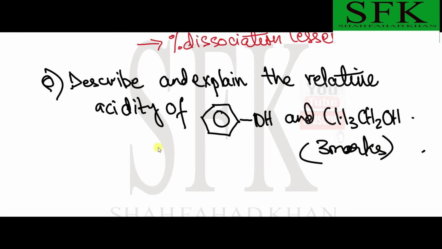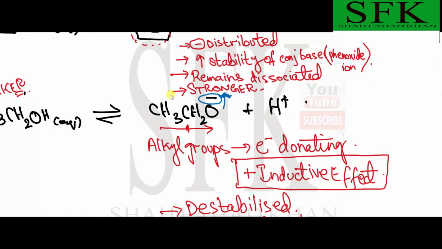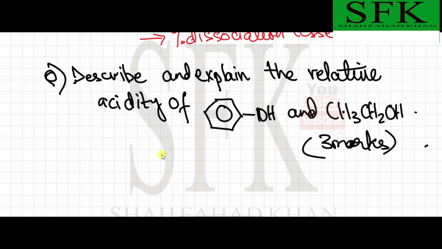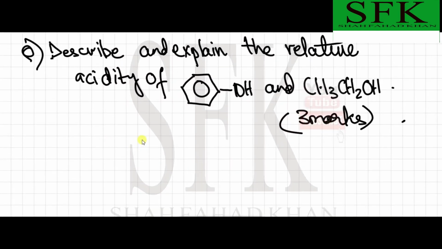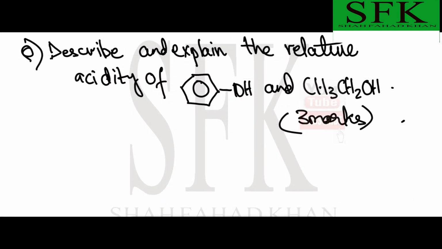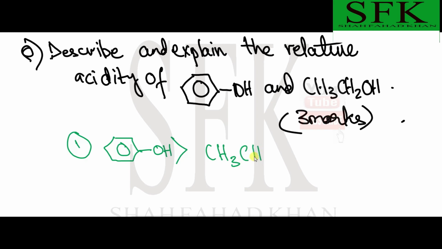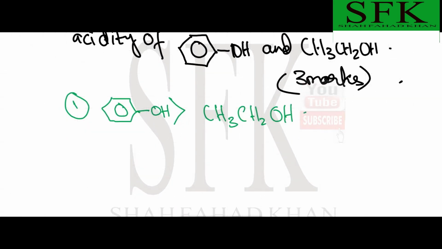You've got a lot more points than for 3 marks. So what are you going to choose in these? First mark is for the statement that phenol is a stronger acid compared to ethanol. Okay, the remaining 2 marks are for the explanation.